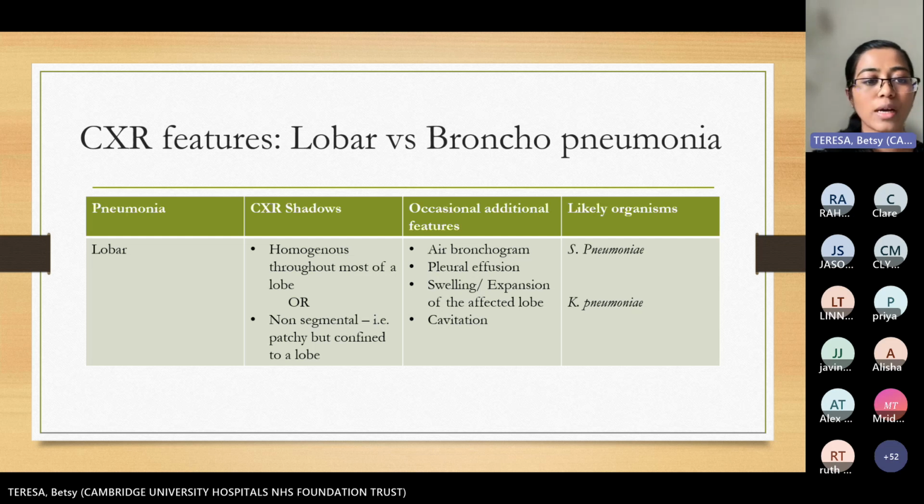You could see air bronchograms, pleural effusion, swelling of the affected lobe, even cavitation. The most common culprits for lobar pneumonia are Streptococcus pneumonia and Klebsiella pneumonia. So just keep those in mind. And it's relatively easy to identify lobar pneumonia.